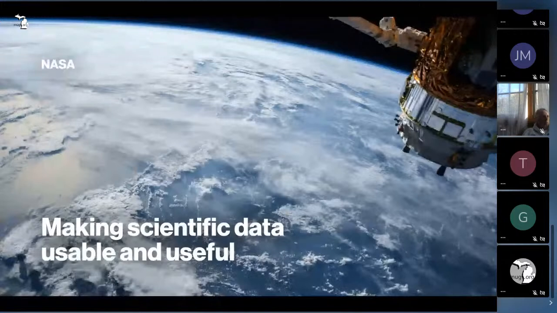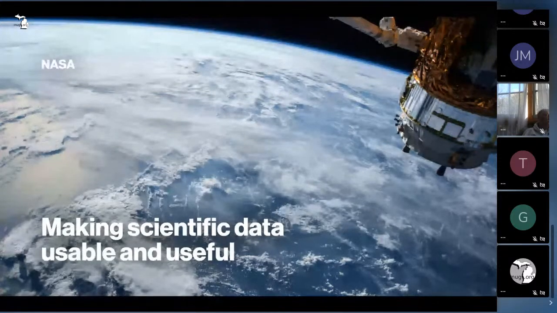NASA distributes this data across a variety of different centers. I think there are 12 different centers of what they call DACs, a distributed active archive center. Those DACs are then responsible for providing that data back out to scientists.